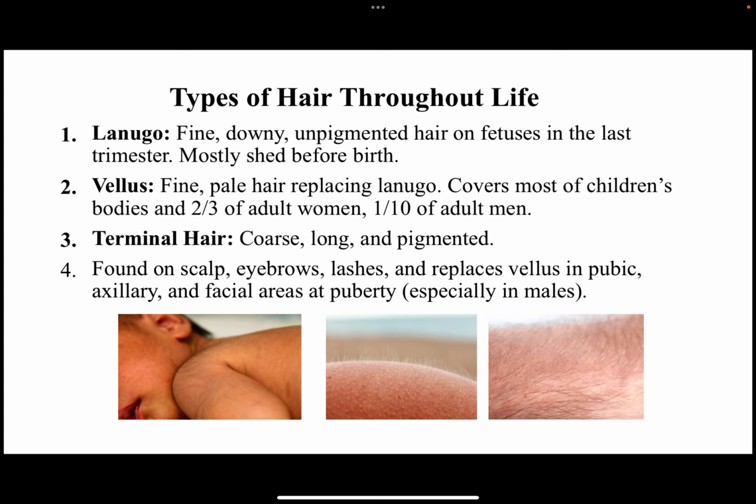Okay, so we have several types of hair. We have the lanugo hair, the vellus hair, and the terminal hair. Now, the lanugo hair is a fine, downy, unpigmented hair on fetuses in the last trimester, and it is mostly shed before birth.